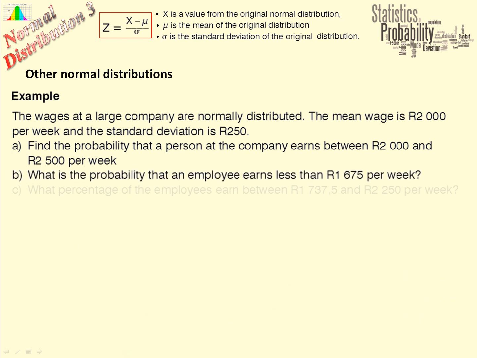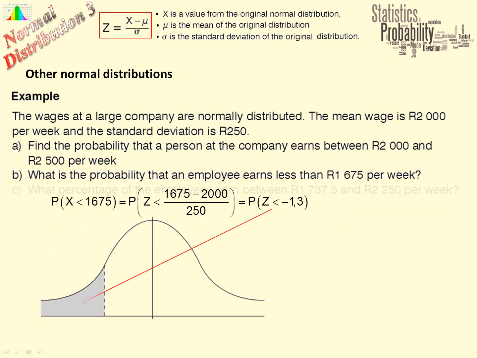What's the probability that an employee earns less than 1,675 per week? So now we're going to convert 1,675: x minus mu over sigma, x minus the mean over the standard deviation, which gives me negative 1.3.